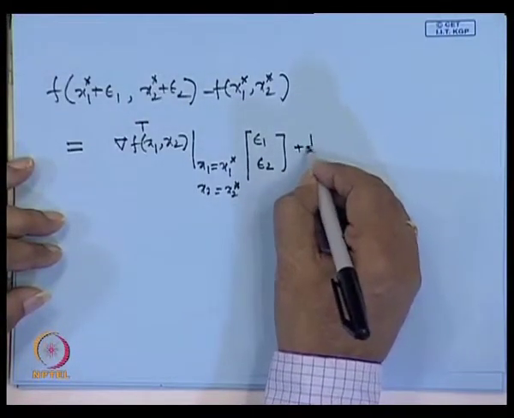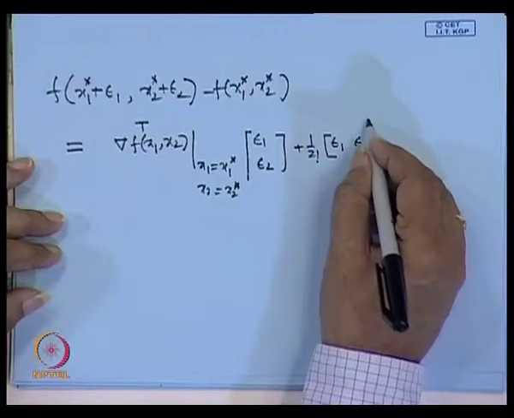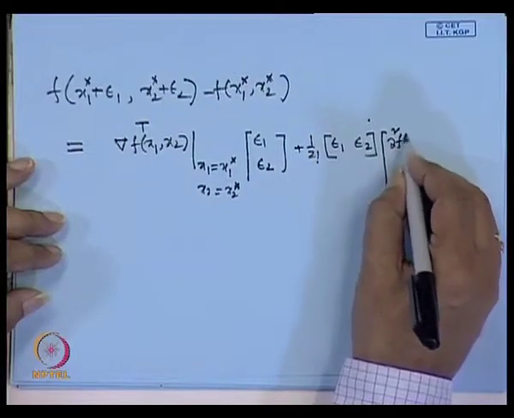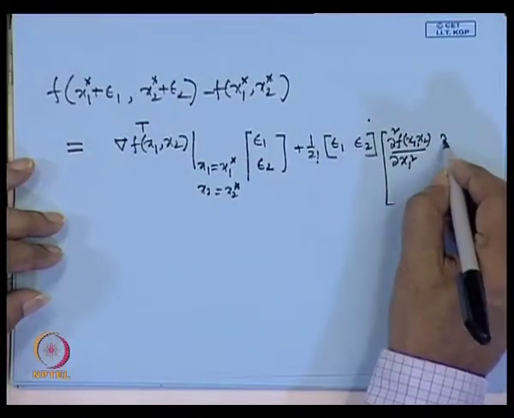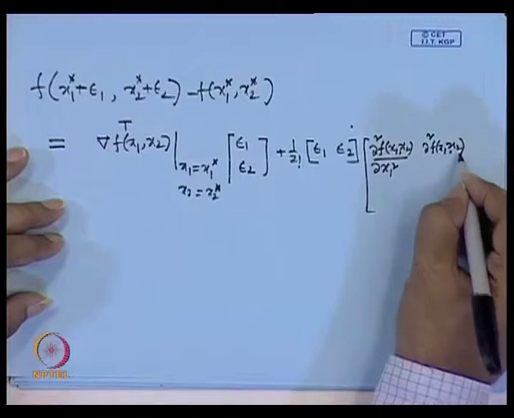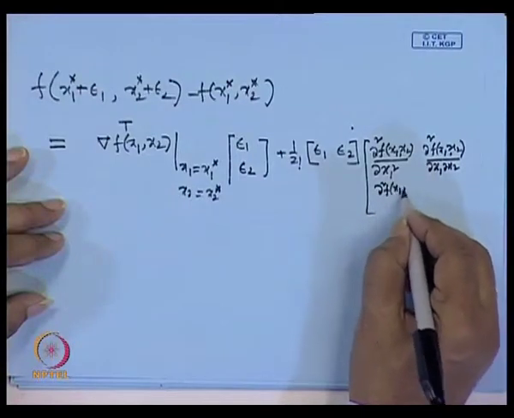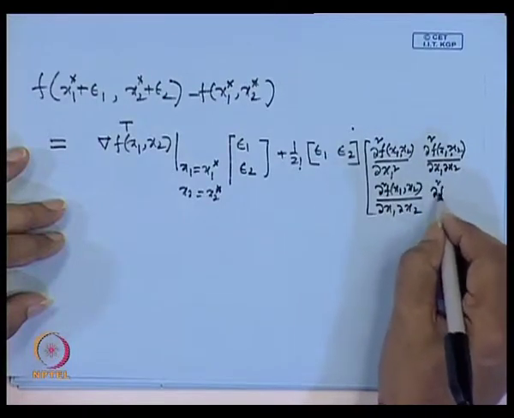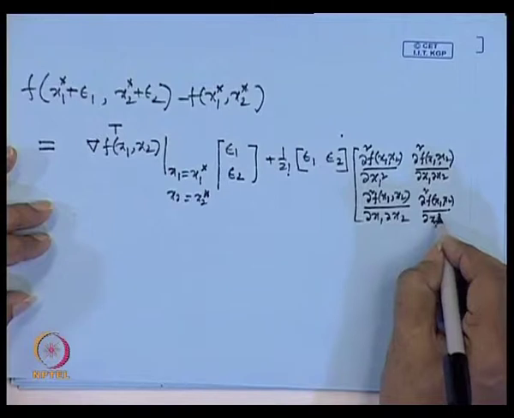We have shown earlier that I can always write epsilon 1 epsilon 2 transpose, then this form: del square f x 1 x 2 del x 1 square, del square f x 1 x 2 del x 1 del x 2, and del square f x 1 x 2 del x 1 del x 2, and del square f x 1 x 2 del x 2 square.